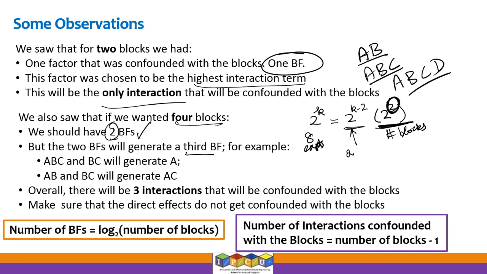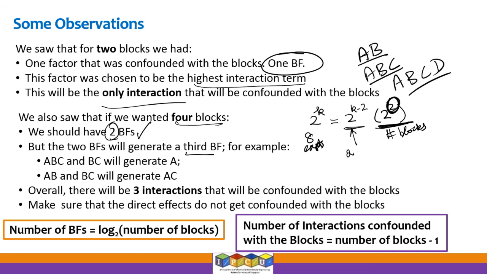So in that situation, if you have to have 8 blocks, that means 2 to the power of 3 blocks, you should have 3 blocking factors, basic ones. And then the 3 will interact 2 at a time, and all the 3 together to generate other blocking factors.